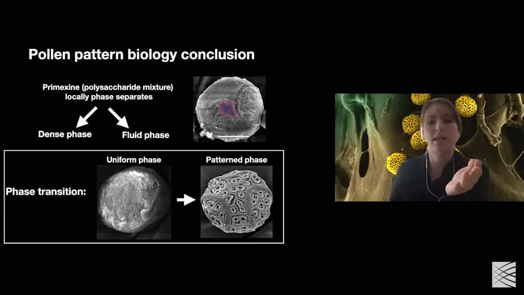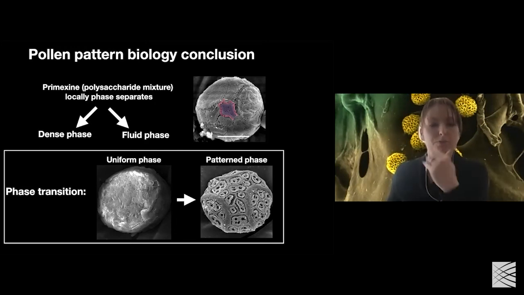And so just like oil and water phase separate, that's what's happening here. You literally just have the phase separation of these different types of phases. And then what's happening in a phase transition lens is you're going from an overall uniform mixed phase to then a patterned demixed phase.